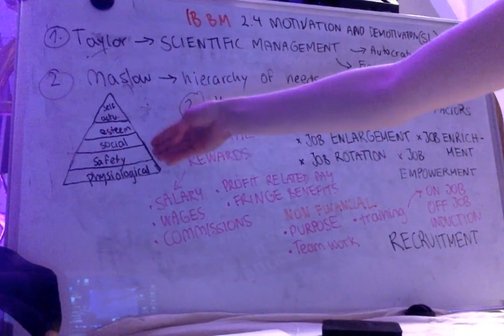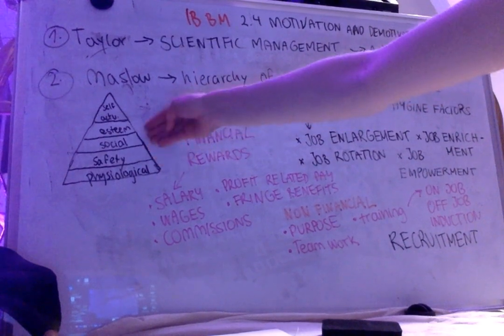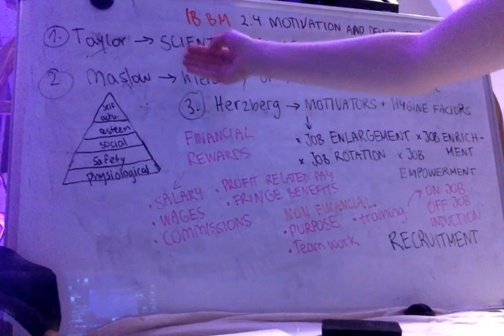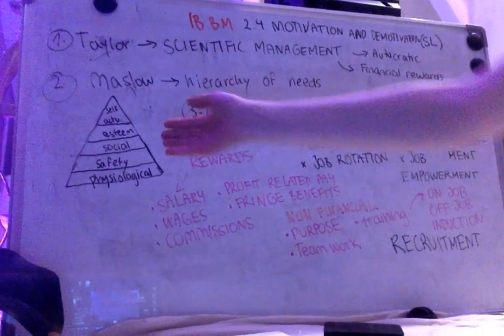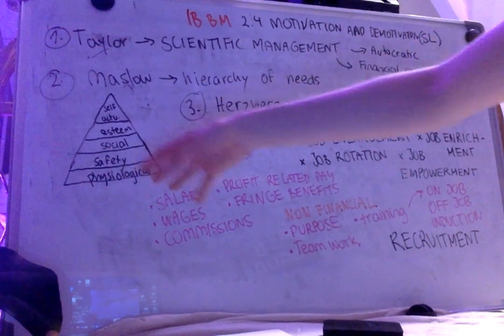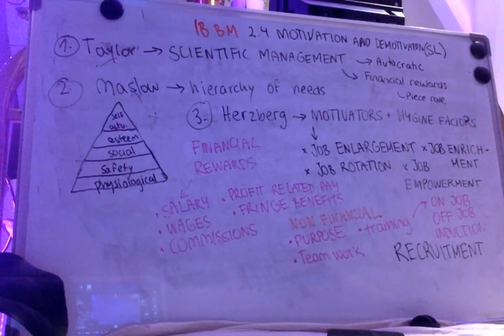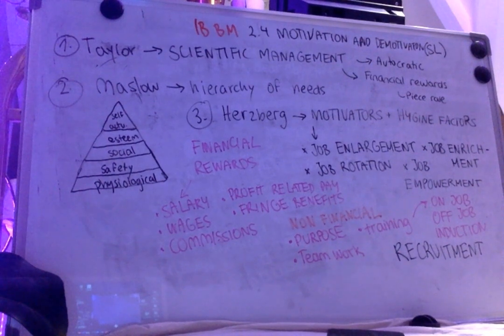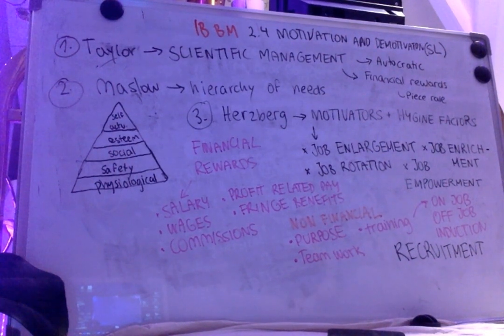If your safety and physiological needs are satisfied, then you're motivated by creating a social system, etc. What he's saying is that you cannot be motivated by social things if your physiological and safety needs are not satisfied yet. So the manager using this theory would have to identify what the worker is missing and use that in order to motivate them.